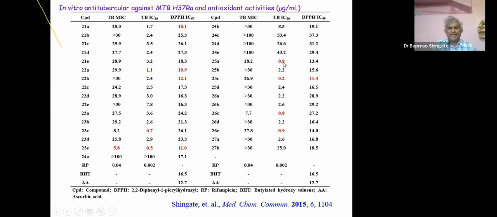We used the standard drug rifampicin. For screening antioxidant activity, we used the standard drugs butylated hydroxytoluene, which is commercially available, as well as ascorbic acid. We got excellent results for anti-tubercular as well as antioxidant activity.